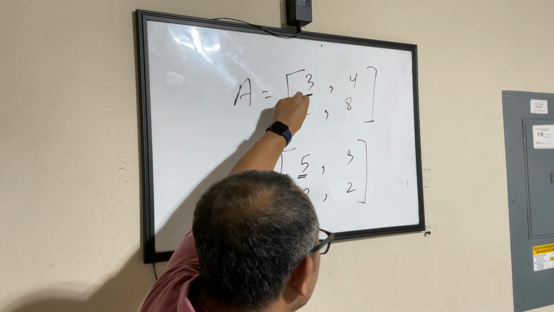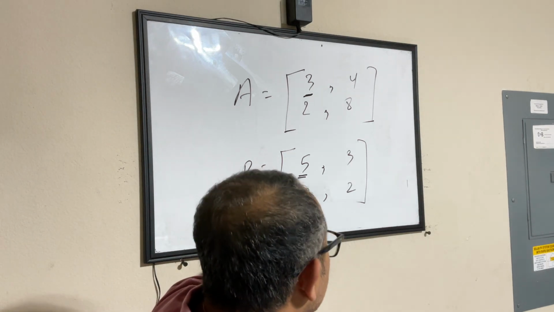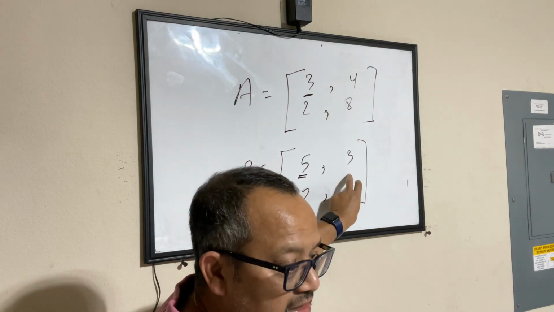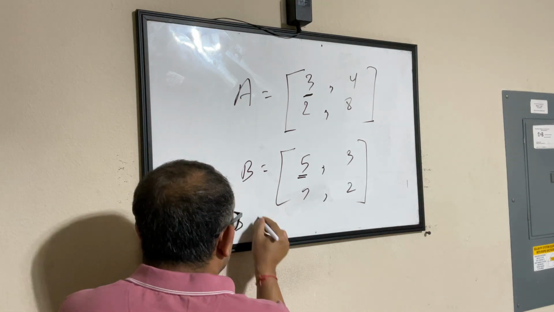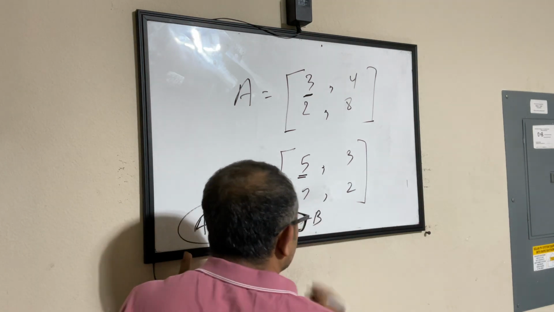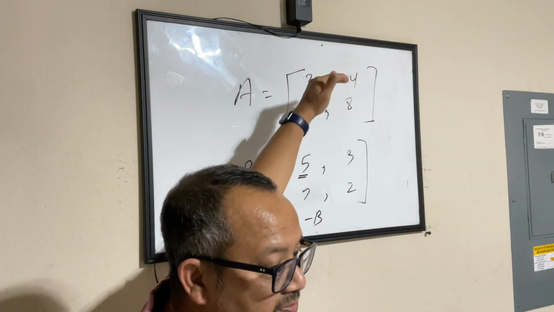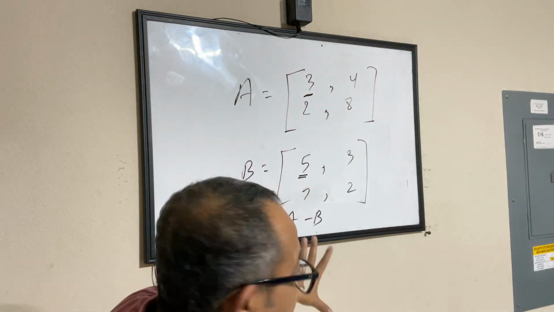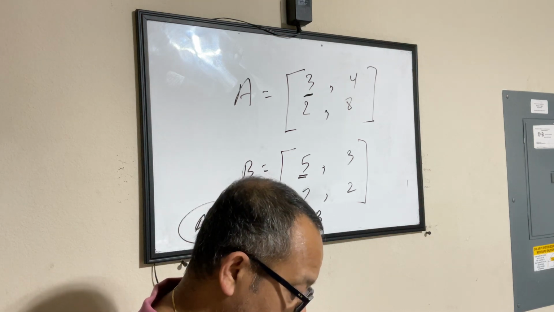Second row, first column element gets added with second row, first column of the second matrix. Second row, second column element gets added with second row, second column element of the second matrix. So if you are adding or subtracting matrices, you are dealing with the elements in the same position, same row number, same column number, respectively. This is what we learned in the previous class.